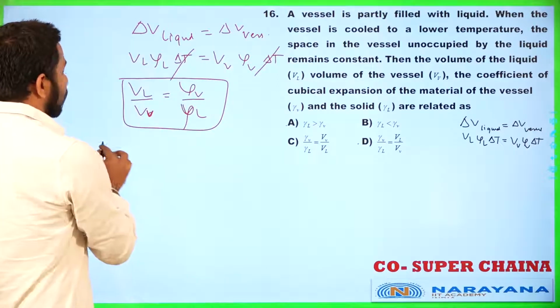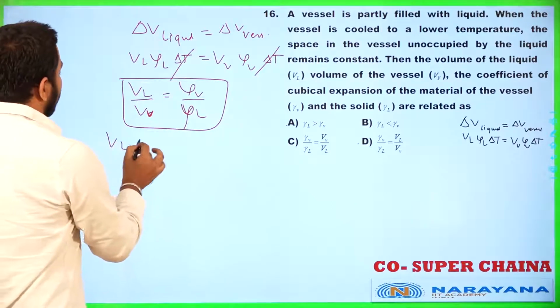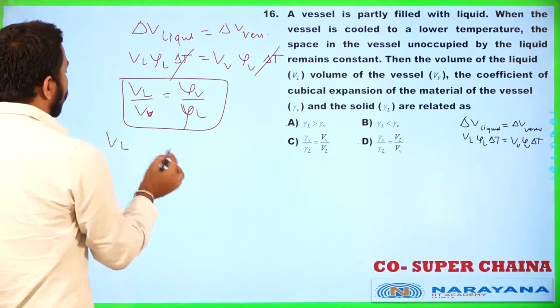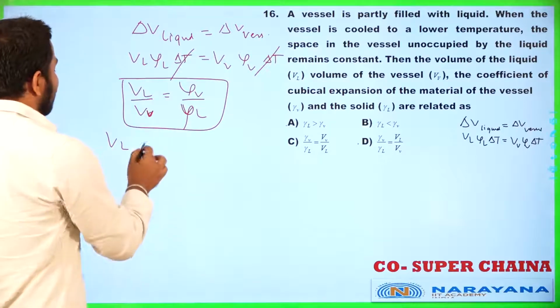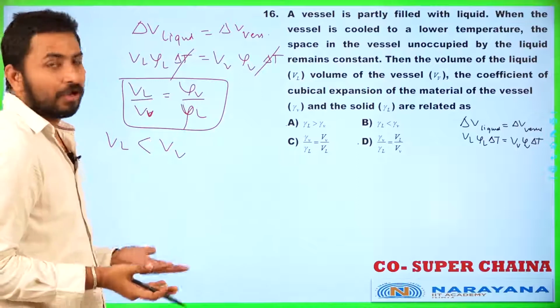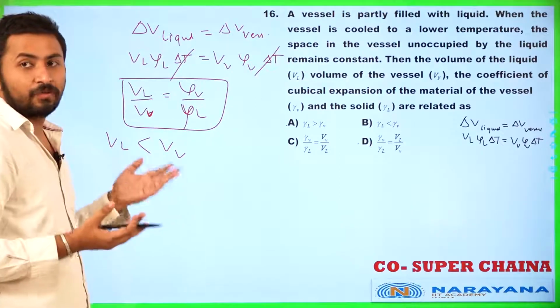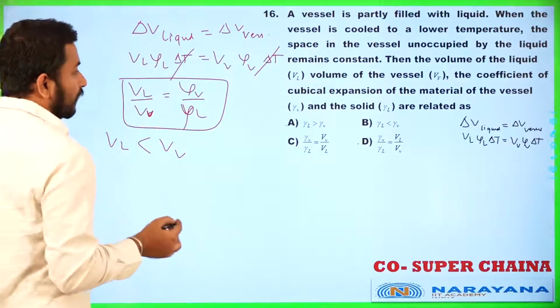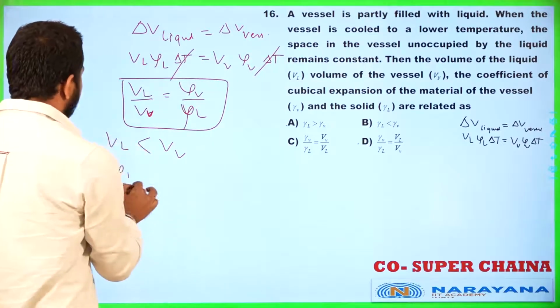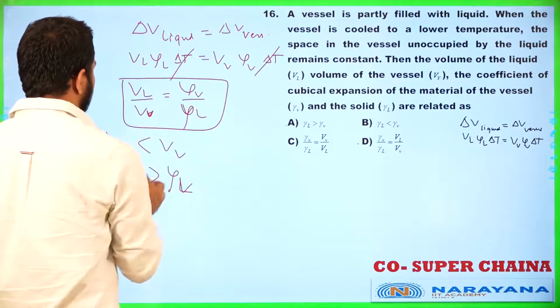Now student, one thing you take care here, that the volume of the liquid will be less than the volume of the vessel. Obviously, you can't have the volume of the liquid more than the volume of the vessel. So we can write here the gamma of the liquid will be more than the gamma of the vessel, because we have this condition.